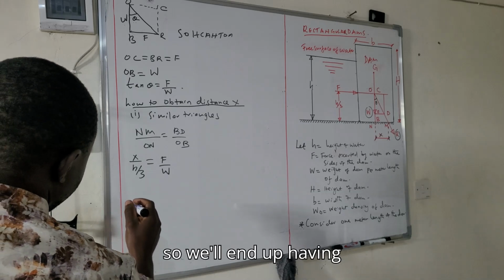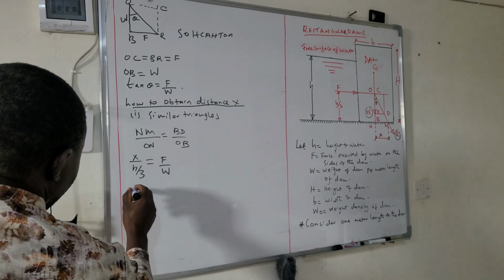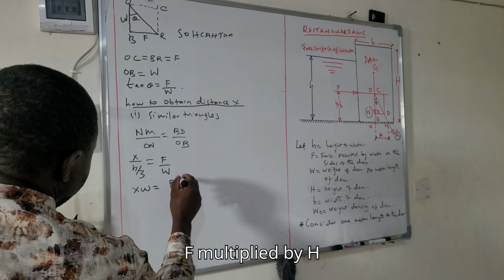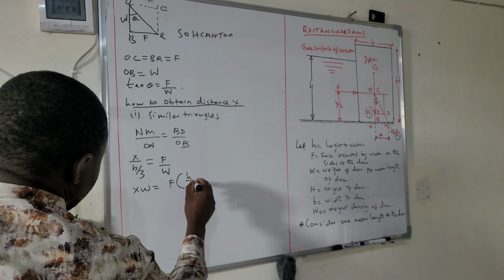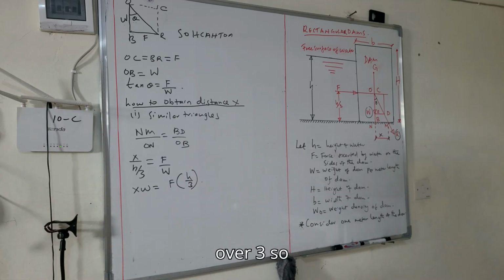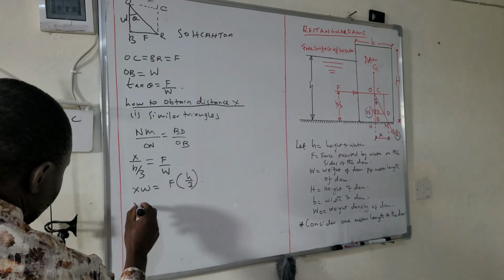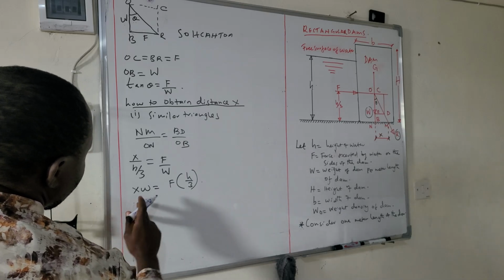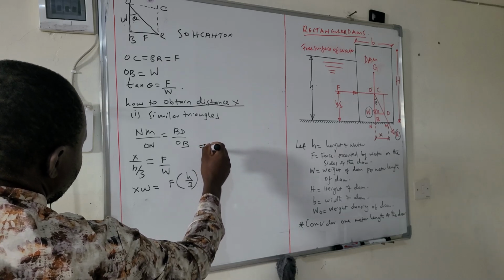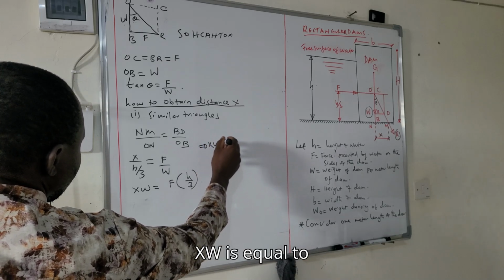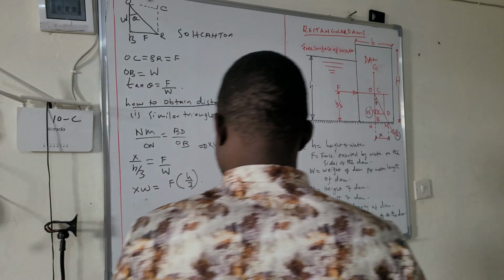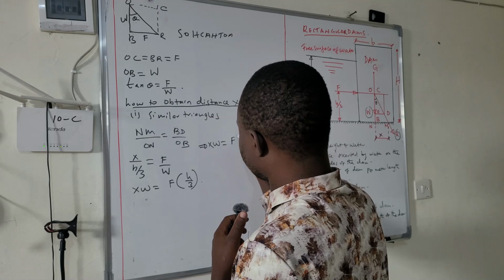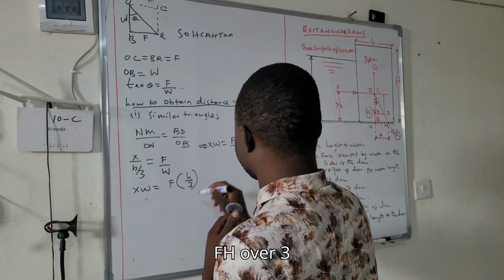So we'll end up having XW is equal to F multiplied by H over 3. So XW is equal to, you open the bracket, FH over 3.